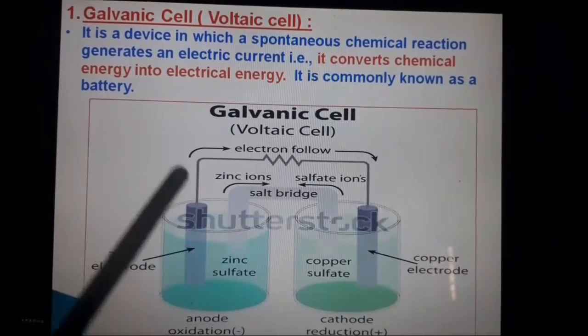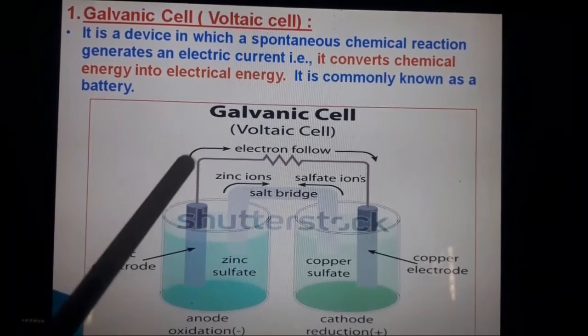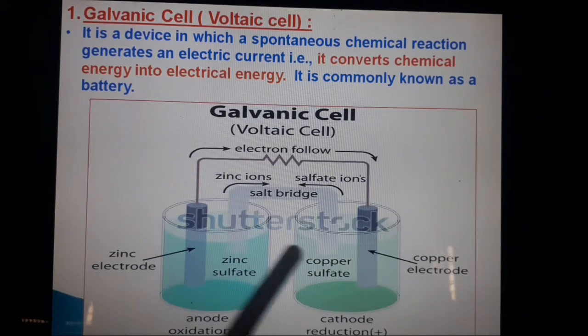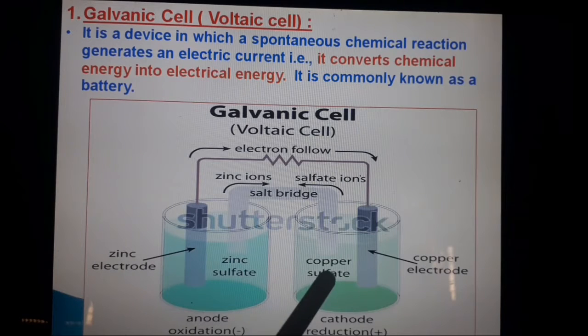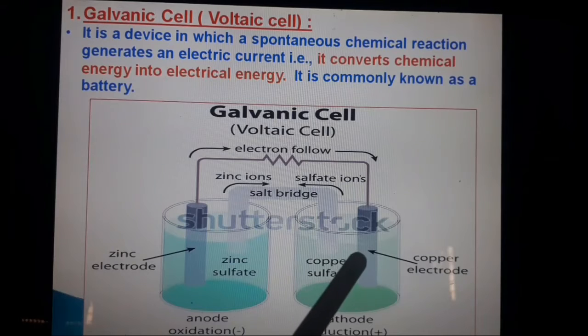For example, this is the diagram for a galvanic cell. Zinc sulfate and copper sulfate solutions are separated in beakers. The electrodes are there: one zinc electrode and another copper electrode. Anode is negative, cathode is positive.